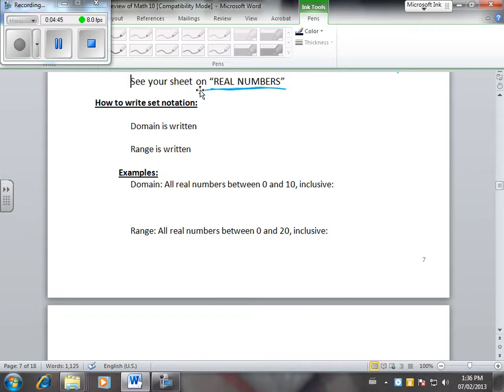So how do we write set notation? So an example of a set notation for domain, and remember that domain is our x and range is our y, is: we put our curly bracket and then x, because we're working with domain, x such that, remember that that's our long line, -1 is less than or equal to x, or x is greater than or equal to -1, and x is less than or equal to 10.